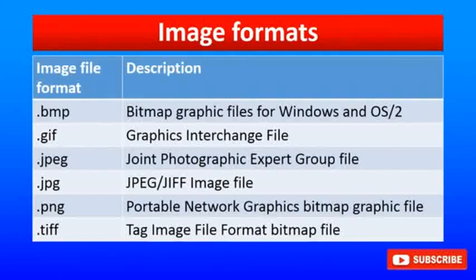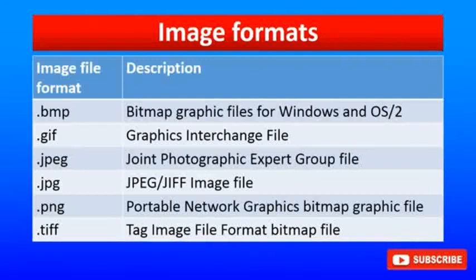Here is given the tabular information of the different image file formats which could be used in preparing any web page. First one is .bmp. It is bitmap graphic files for Windows and OS/2. Another one is GIF, the full form is Graphics Interchange Format. Then the third one is JPEG, full form is Joint Photographic Experts Group file.